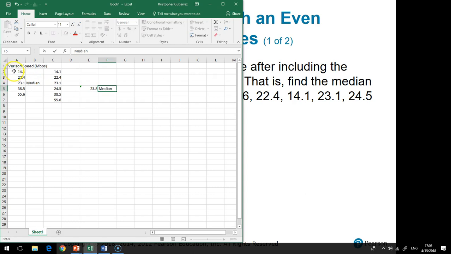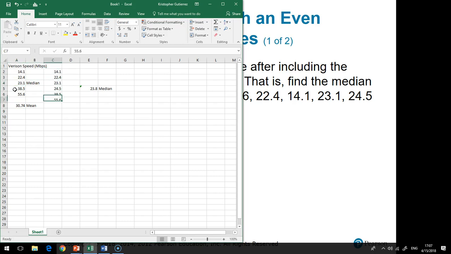Now if I simply take all the data and do that, equals average, this will be our mean. So a mean of 30.74, a median for the 5 data points of 23.1.